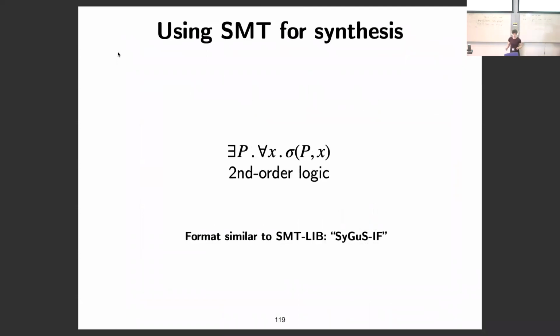Question. What stops the solver from coming up with a stronger invariant than needed? Like if it just tacked on some other clearly true clause, like A is greater than 5, what keeps that invariant minimal? Nothing. So it might actually be unreadable.